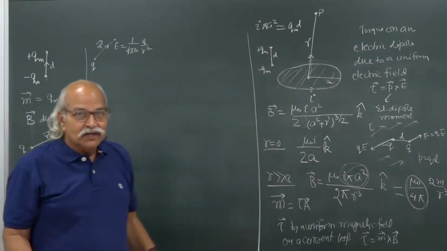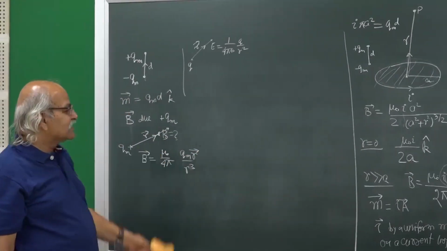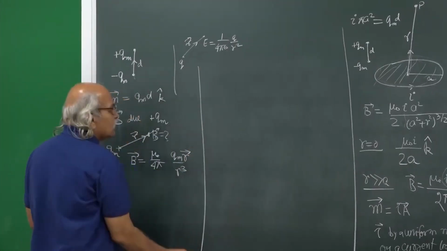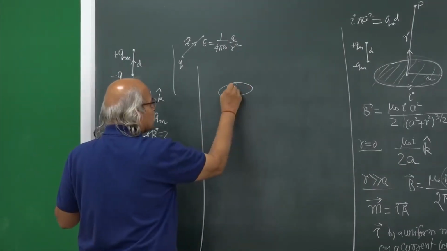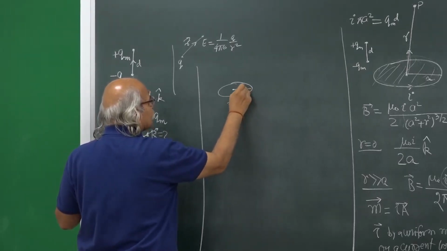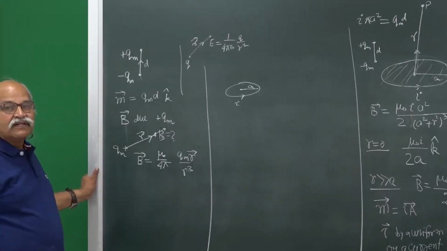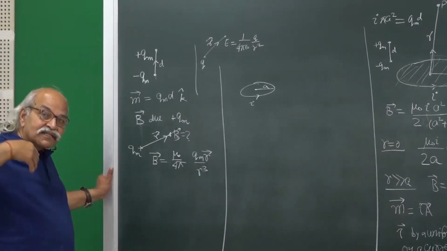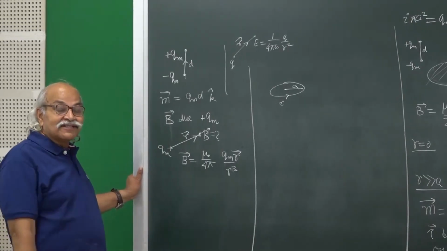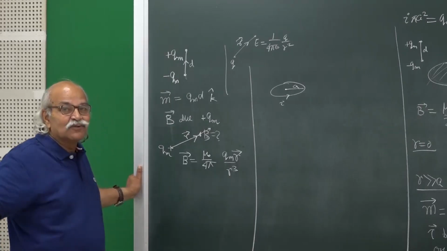Now, the immediate example I can give where it shows its strength is when you have a current loop I, whose radius is a, and we want the magnetic field at a large distance from this current loop, but not along the axis, but in the plane of the current loop.